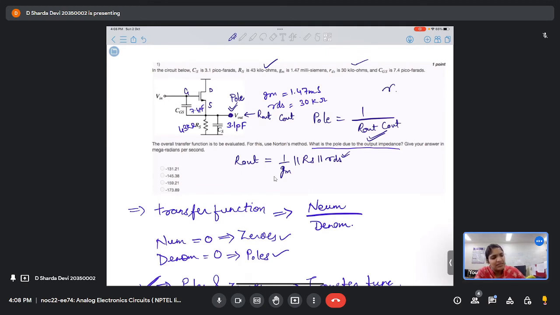Why is it written as RDS rather than RD? What is the difference that comes into picture when you write simply RD and RDS?